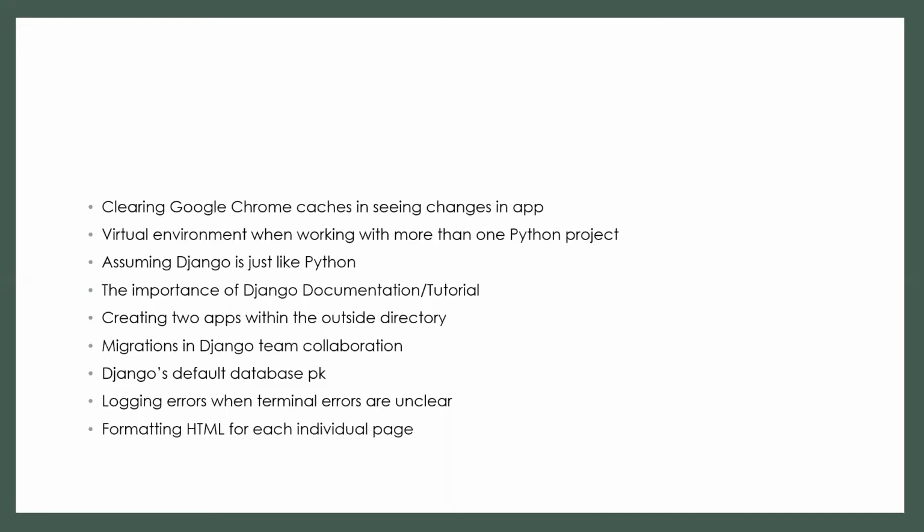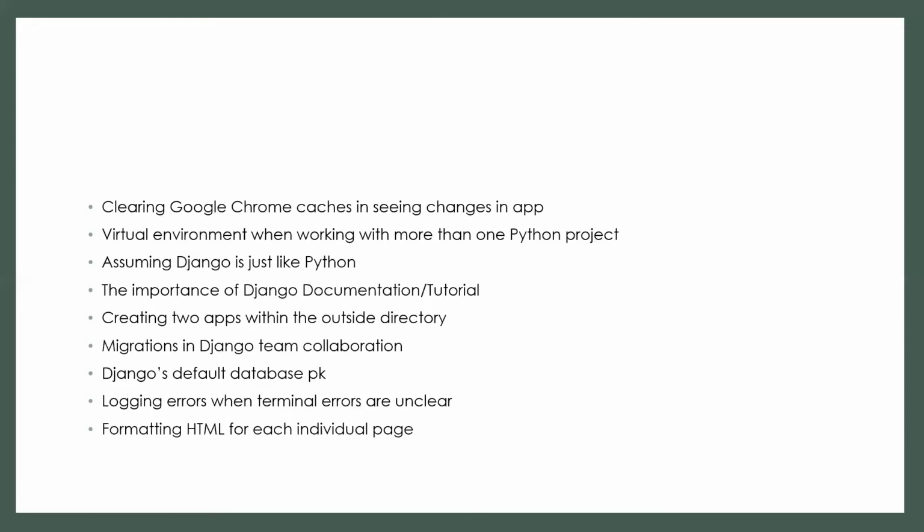Another thing that I ran into very quickly was assuming that Django is just like Python, where actually Django is a very big library in Python, and you need to learn Django on its own to understand the different components. So we did the tutorial that's included with the Django documentation that's very well written and easy to follow.